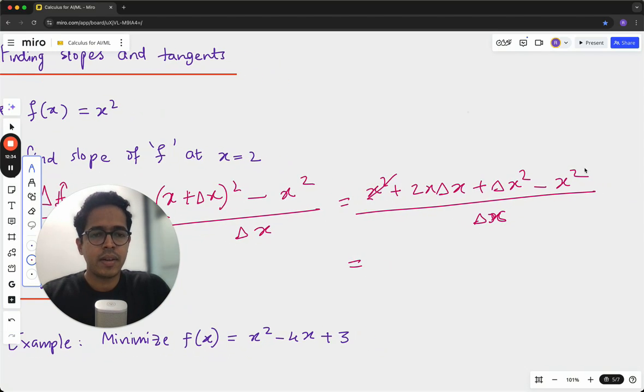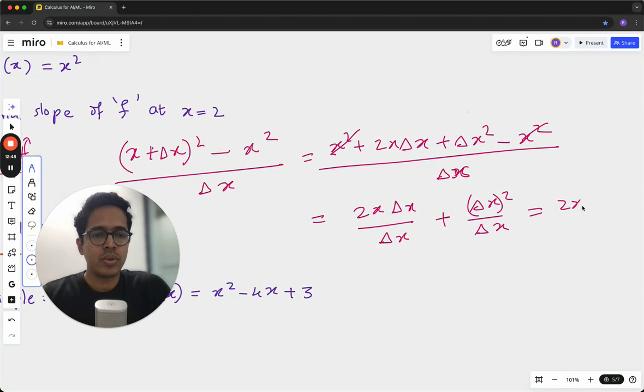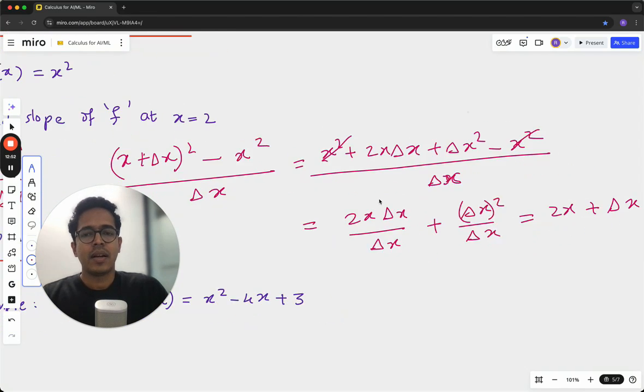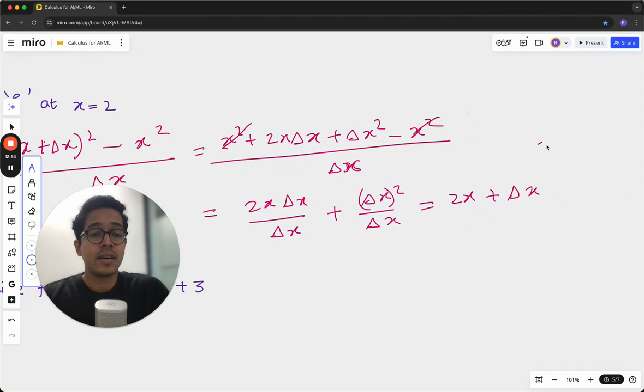And this is equal to, x square and x square will get cancelled, 2x delta x divided by delta x plus delta x square divided by delta x, equal to 2x plus delta x. Now, we know that x is tending to 2 in this case, or rather x is equal to 2.